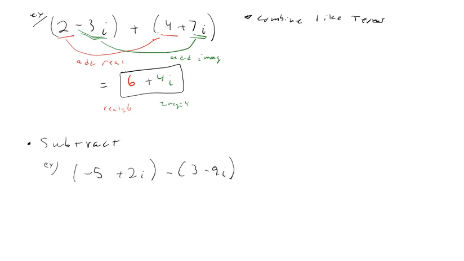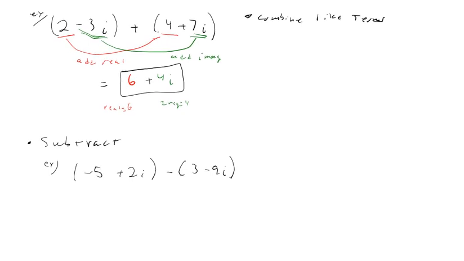Well, with subtraction, there's sort of one extra step. What you need to do is make sure you distribute your negative. Distribute the minus sign. And so you're simplifying. The same way you do in any other situation. So we're going to have -5 plus 2i minus 3 minus makes plus 9i.